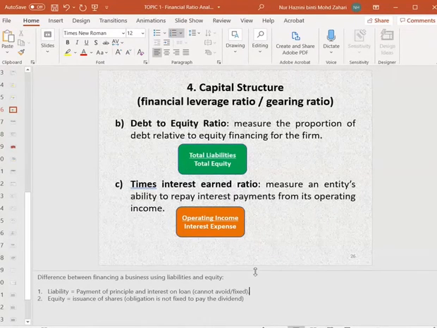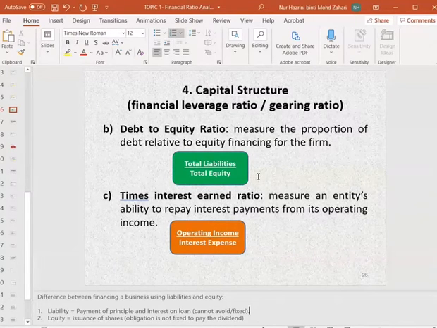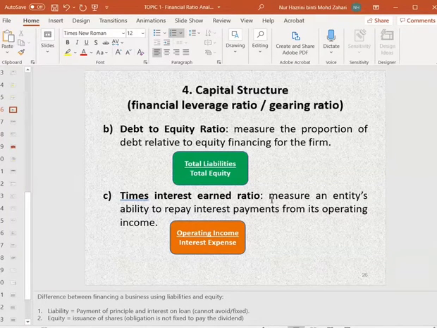So it is very important. We want to see whether the company financed their business using more equity or more liabilities.